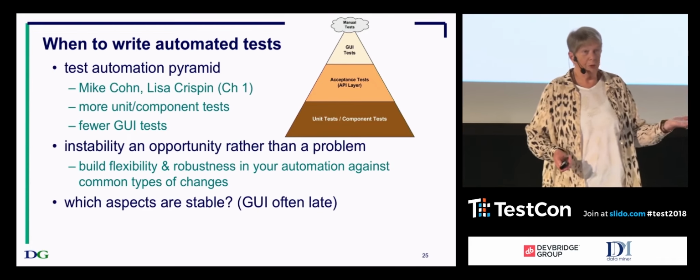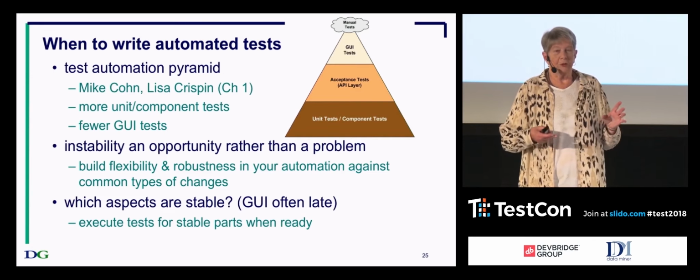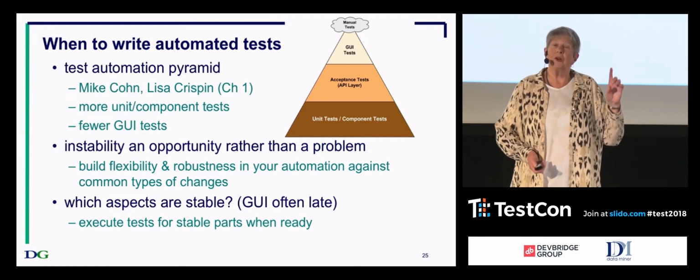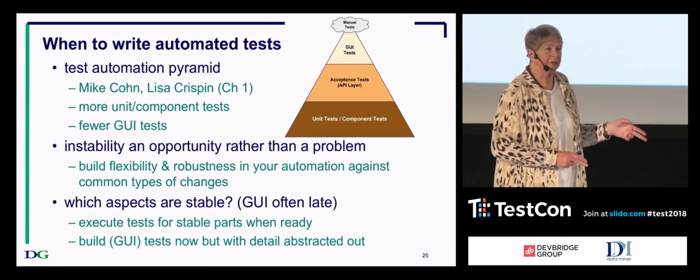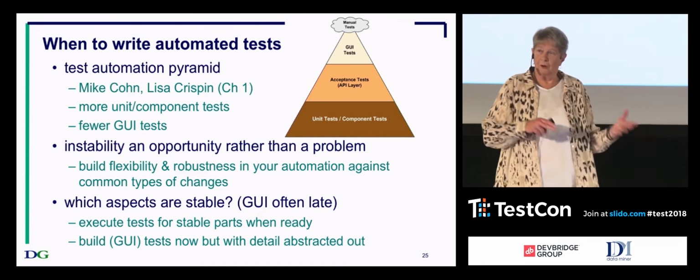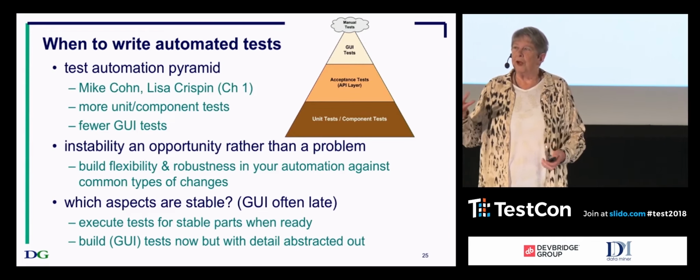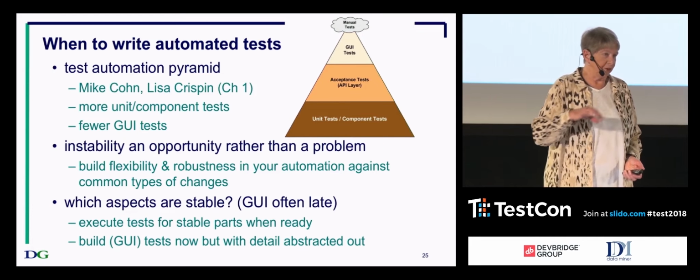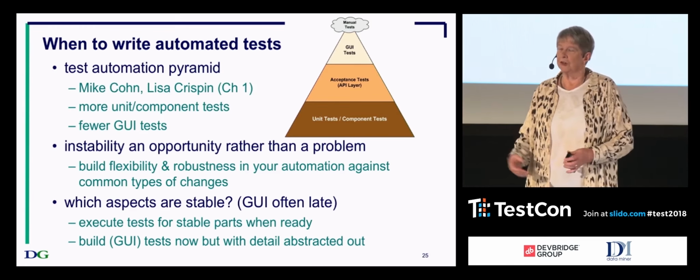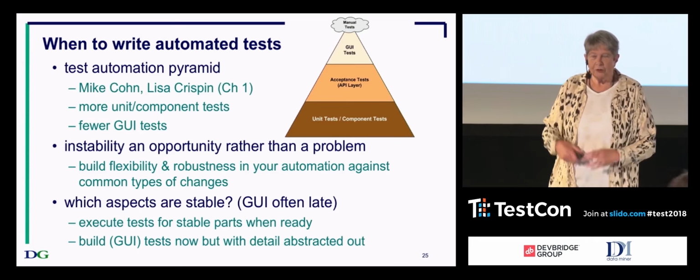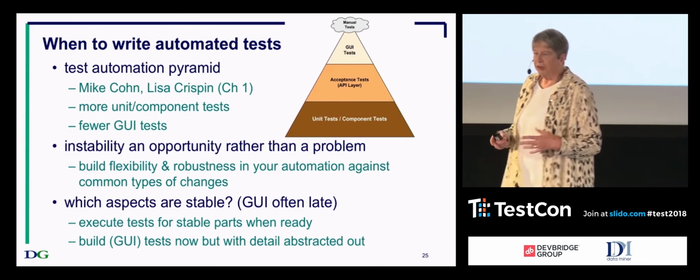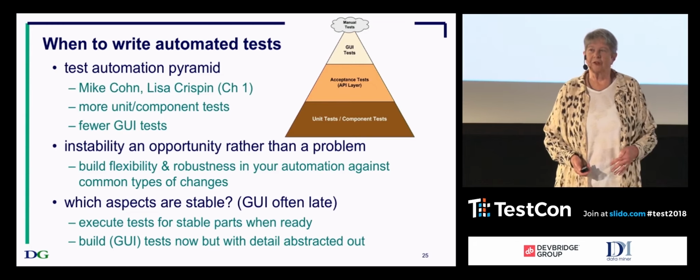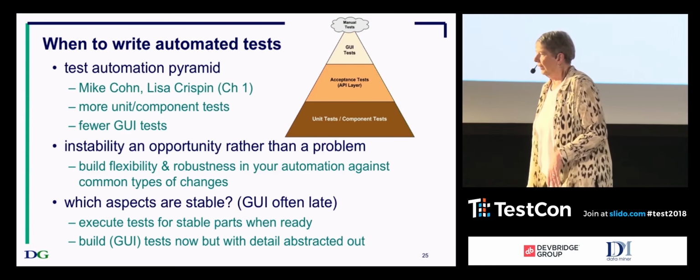And if the GUI is often late, you can execute the tests for the stable parts, but you can also build the tests now and execute them later. And if you have the detail abstracted out from the tests, then that detail can go in at the last minute, and then the tests are ready to run. So see this instability as a challenge and an opportunity, rather than something to delay the automation.